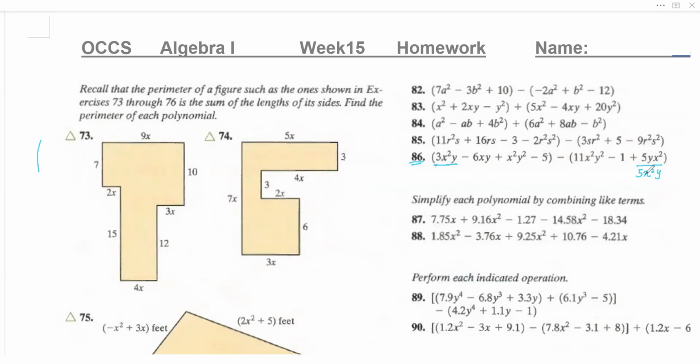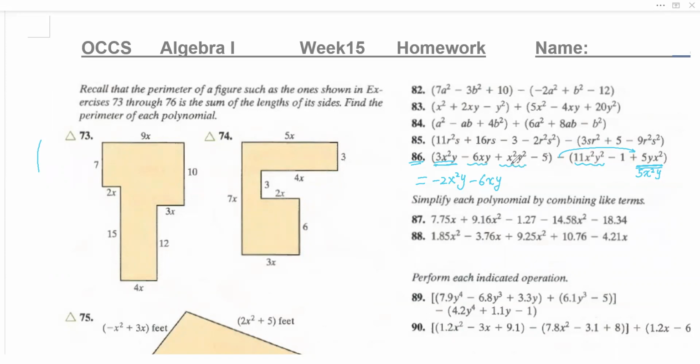So these two are like terms. These two are like terms. So 3 minus 5, after you distribute it, you get negative 2x squared y. For xy, you didn't find any. For the second term, there is only this one, right? For this part, let me check this one because we used this one already.